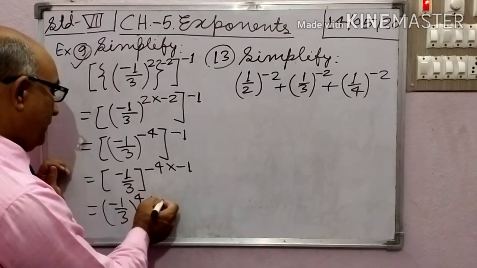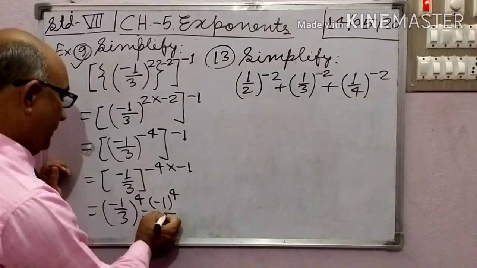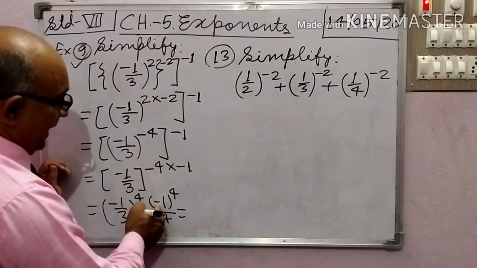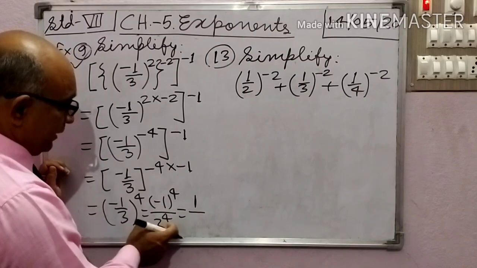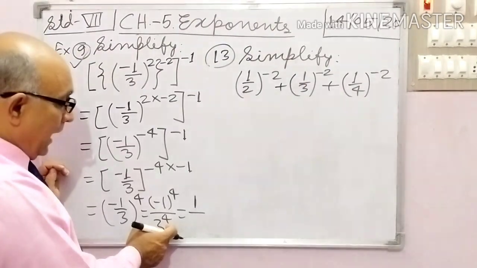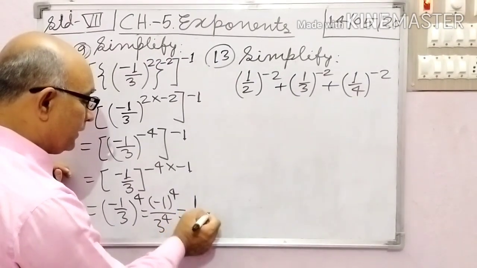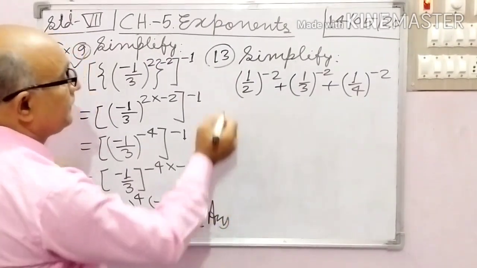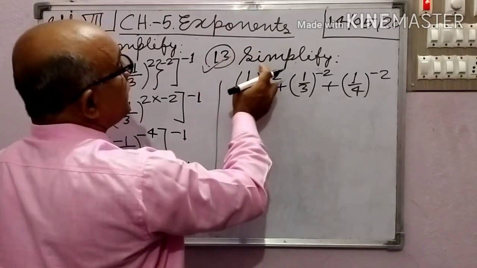That means (-1) to the power 4 and 3 to the power 4. (-1) to the power 4 means 1 and 3 to the power 4 means 3 3s are 9, 9 3s are 27 and 27 3s are 81. 1 by 81, answer.